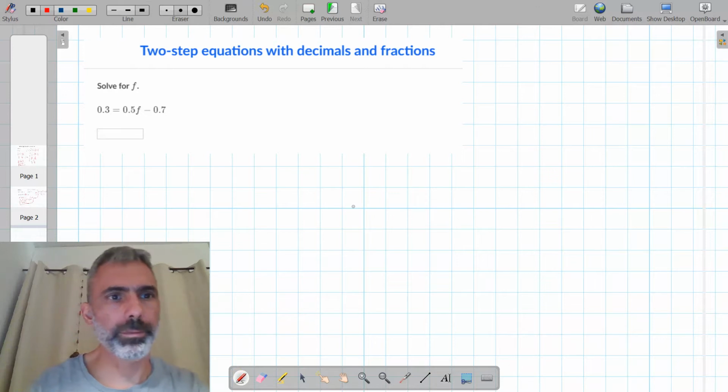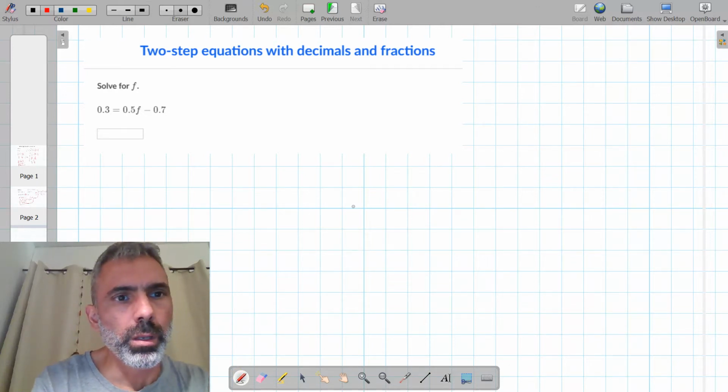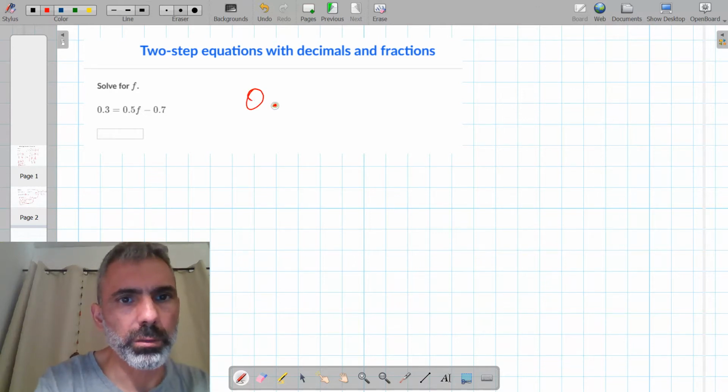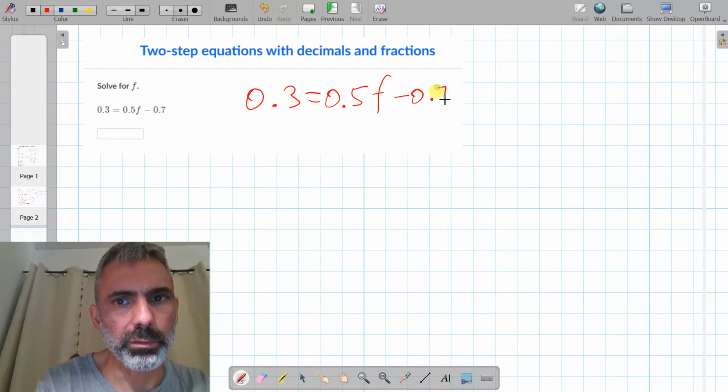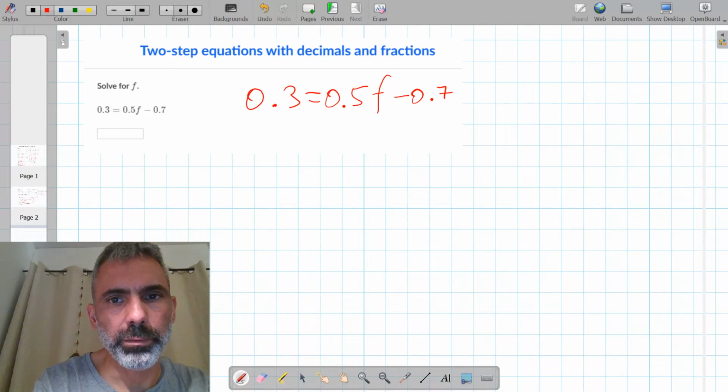Solve for f. Okay, so the first thing is, let's write the equation again, 0.3 equals 0.5 f minus 0.7. To isolate the f, I will first get rid of the minus 0.7 on the right hand side of the equation by adding 0.7 to both sides of the equation.